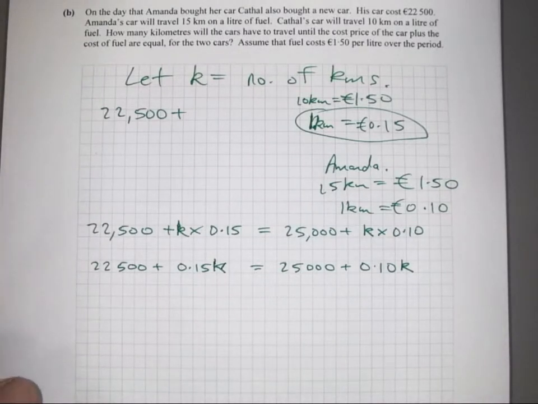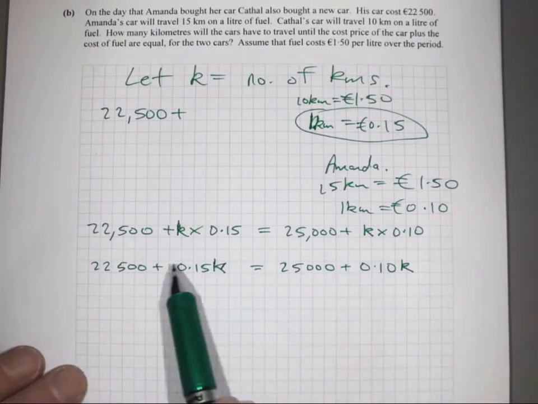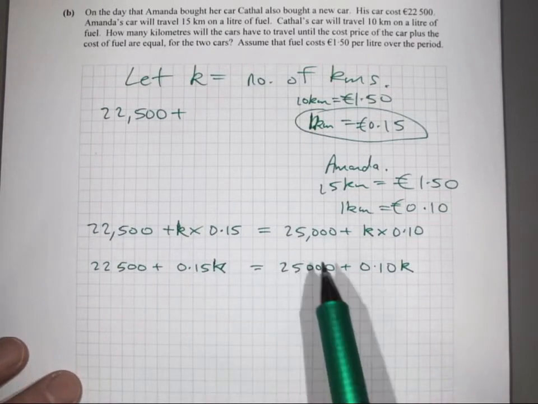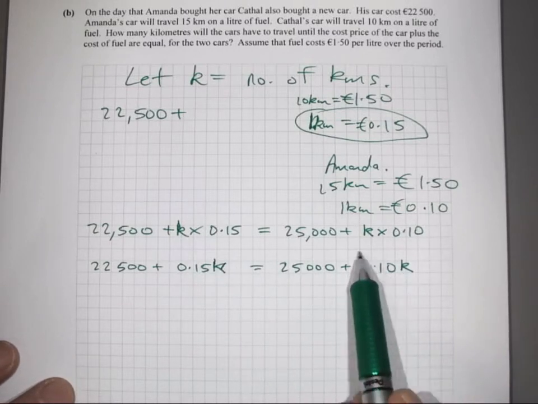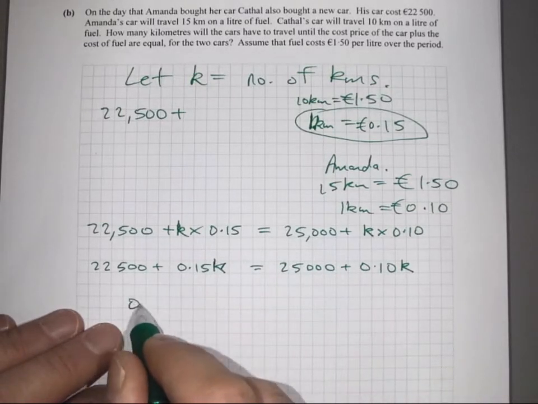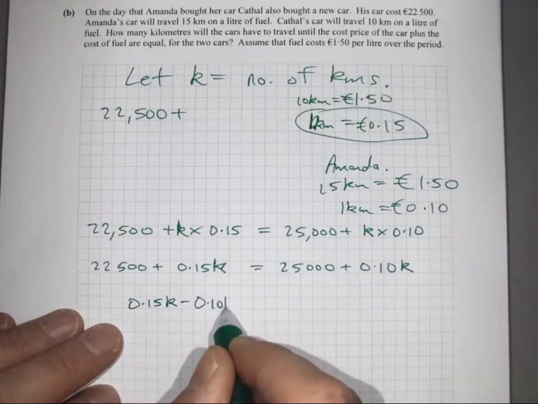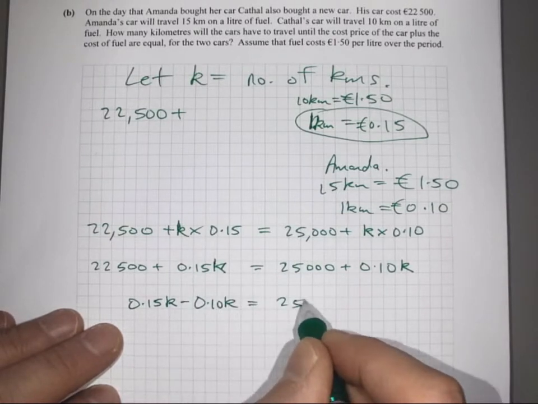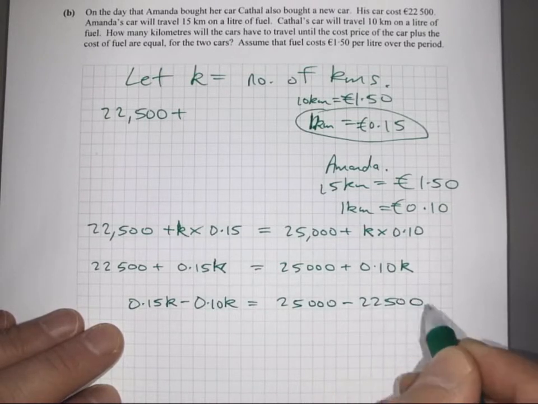So subtracting 22,500 from both sides, or the shortcut is throwing this across, and then also we're going to subtract 0.10 k from both sides, or the shortcut is throwing this across, gives us 0.15 k minus 0.10 k equals 25,000 minus 22,500.